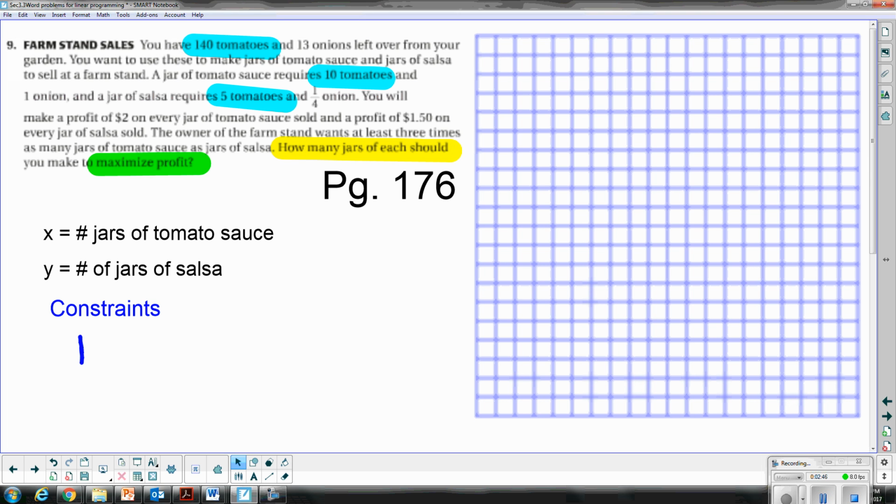So our first constraint: 140 is greater than or equal to 10x plus 5y. And again, that's because we're using 10 tomatoes for a jar of tomato sauce and 5 for a jar of salsa.